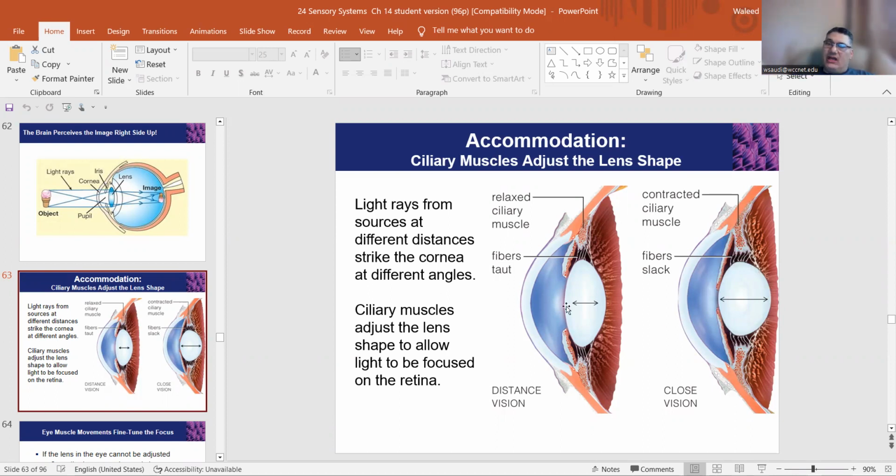If you move something away, you will contract the muscles. So look at this convexity. It's less. Compare this convexity to this. Closer is more convexity by relaxing your muscles. If you're looking at something that's distant, the muscles contract and the convexity becomes less, so less refraction or less bending.